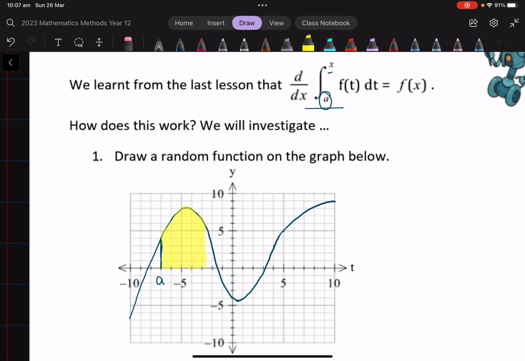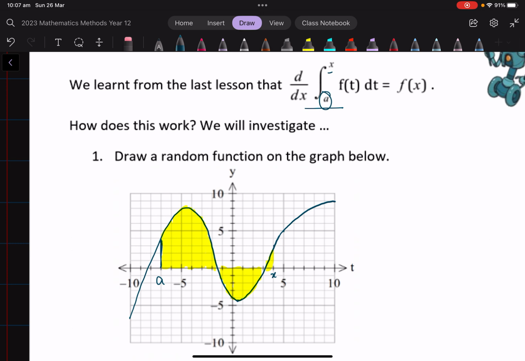So we're working out the definite integrals as we're moving from left to right, and we could keep going. x could be still over here, it could be underneath here, or it could be continuing on, or it might stop there. So x could be anywhere along the horizontal axis. It could be at -5, it could be at 0, it could be anywhere.